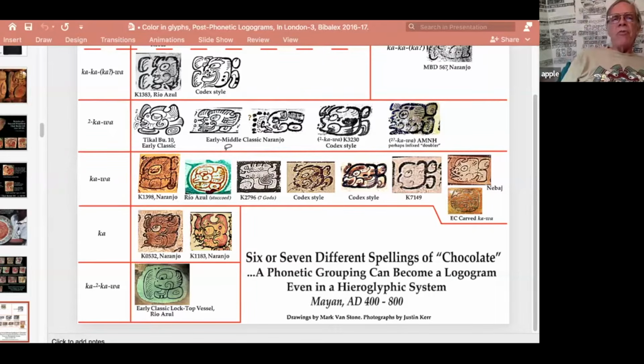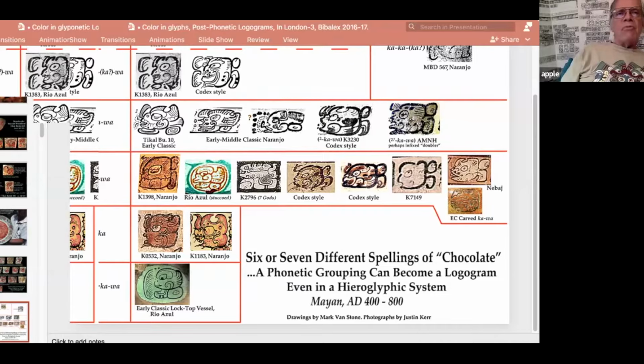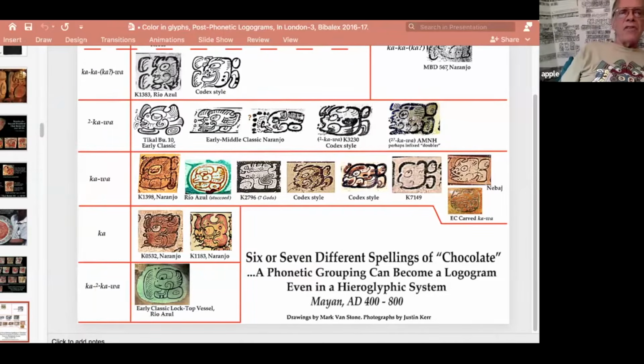It didn't come from that tomb, but you can see the glyphs much clearer on that, and it's somewhere in these slides here. This is the way that cacao is spelled, in many different contexts. And let's see if I can get this larger here.